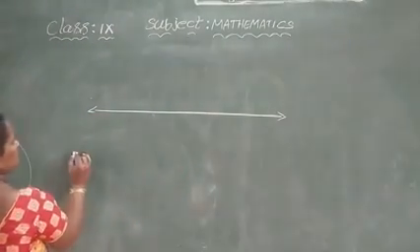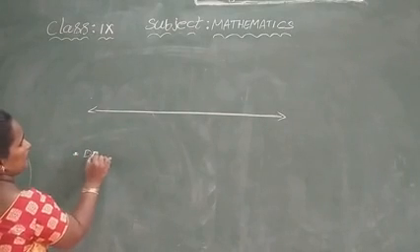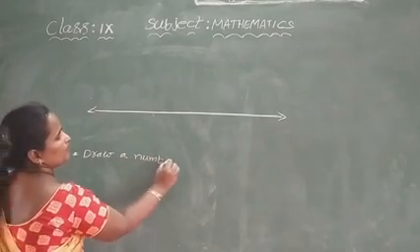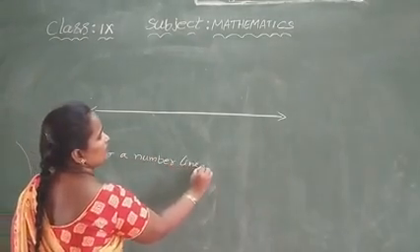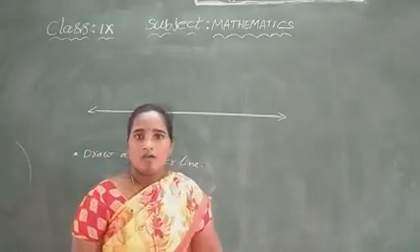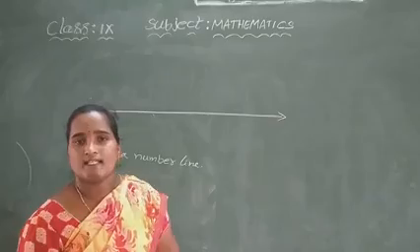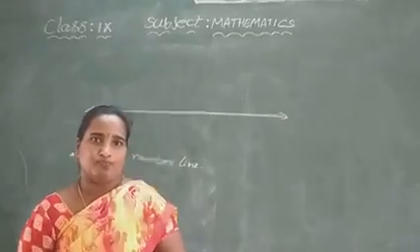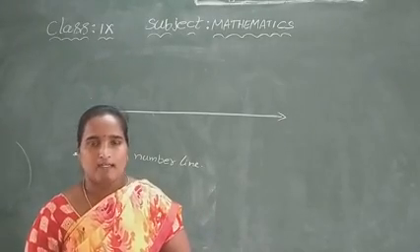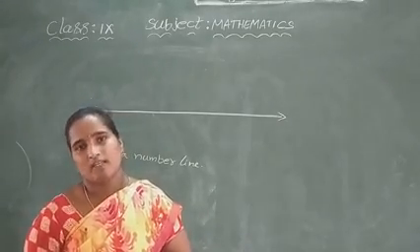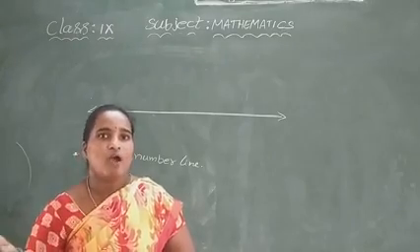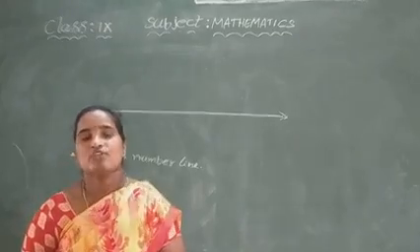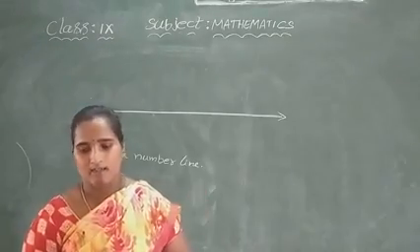First, draw a number line. Here, which concept do we explain? Representing an irrational number on a number line, that is root 2, root 3, root 5, root 7 and so on. I will take the root 2 value. Locate root 2 on the number line.